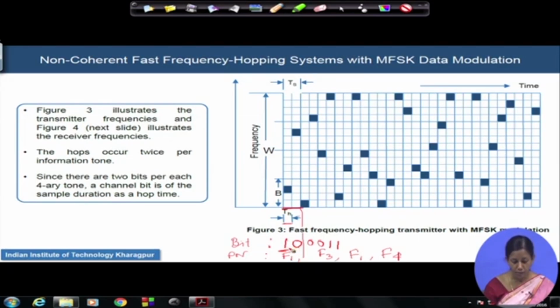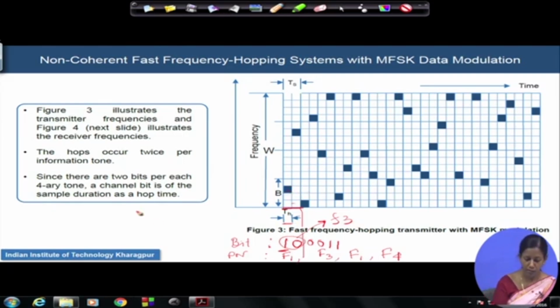But what is the choice of this tone? The choice of the tone will be given combinedly by this 1 0, the total symbol. So, 1 0 is equivalent to the choice of tone number 3. I am considering that 0 0 corresponds to tone number 1, 0 1 corresponds to tone number 2, 1 0 corresponds to tone number 3.